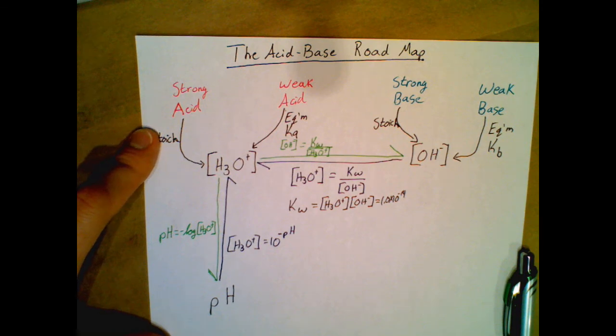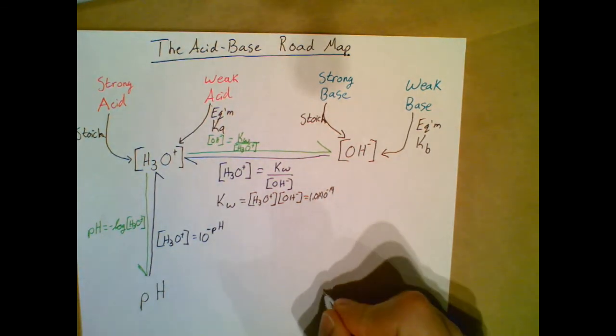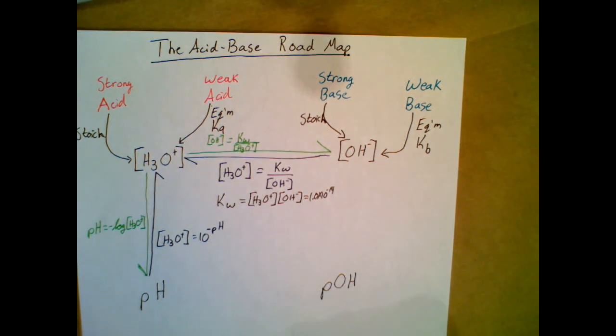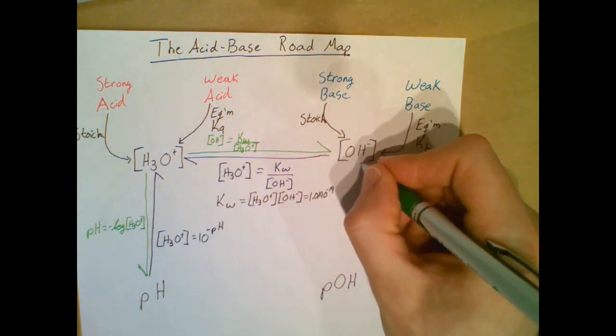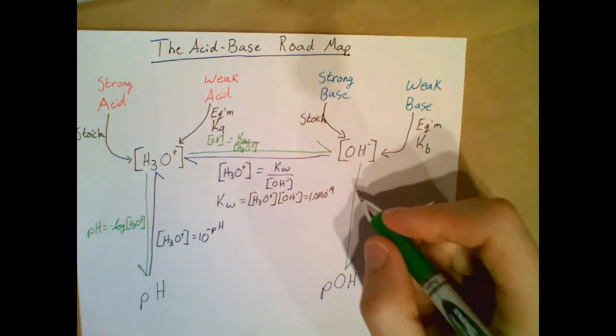Okay, but that's not the only thing we can solve. Remember, there is also the pOH. So let's say I know the concentration of OH minus, and I want to be able to solve the pOH.